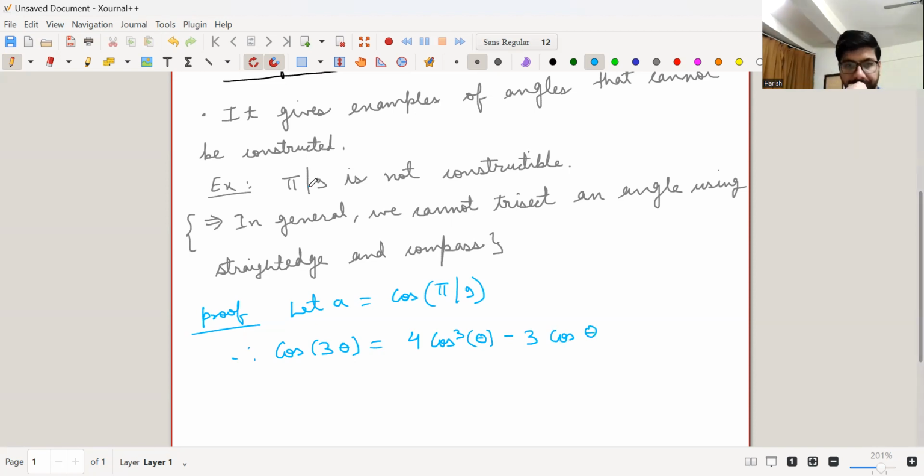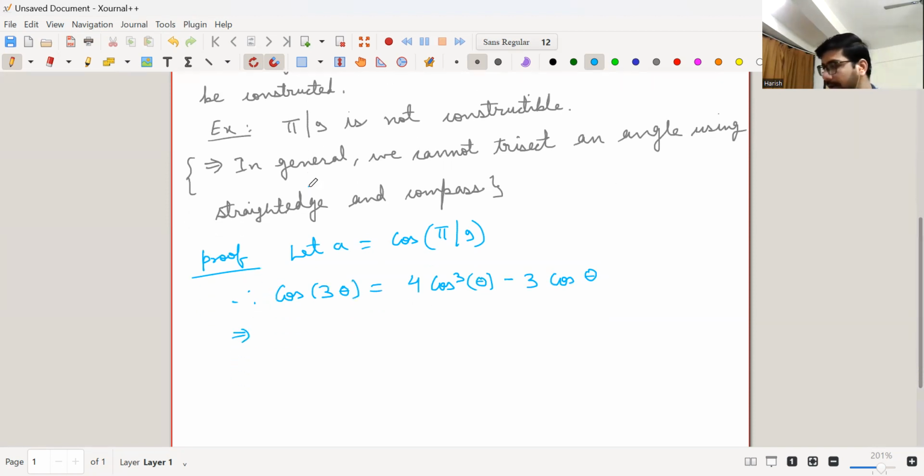So what does this imply? For theta equal to pi by 9, what we will get?